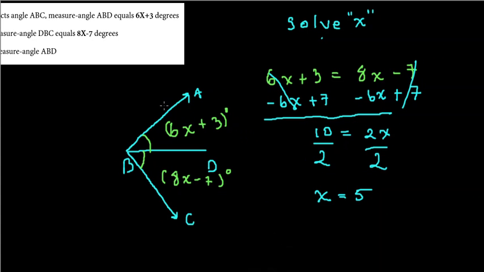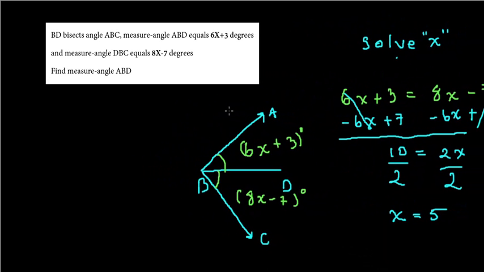So we can go over here and say measure angle ABD is equal to 6 times 5, which is x, plus 3. I just plugged x into this equation. So 6 times 5 is equal to 30. 30 plus 3 is equal to 33 degrees.